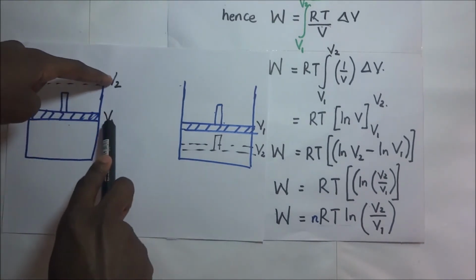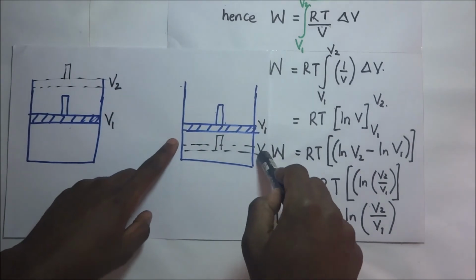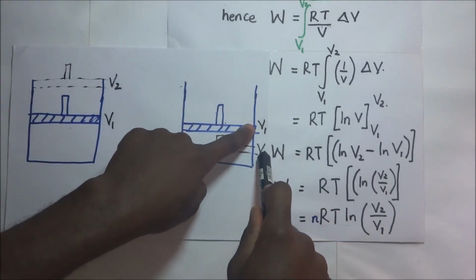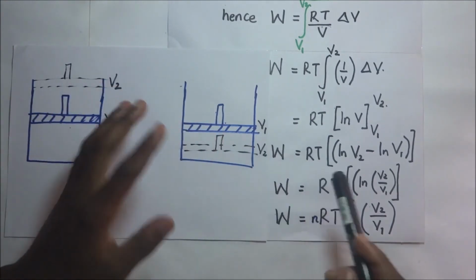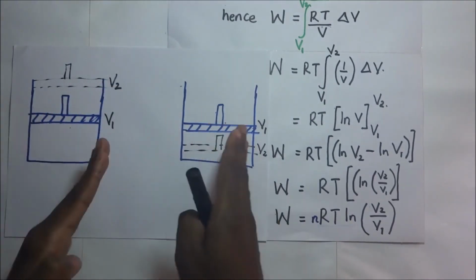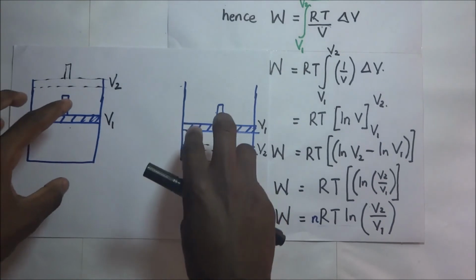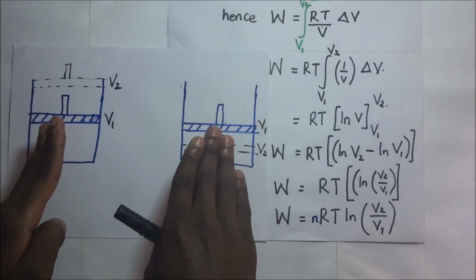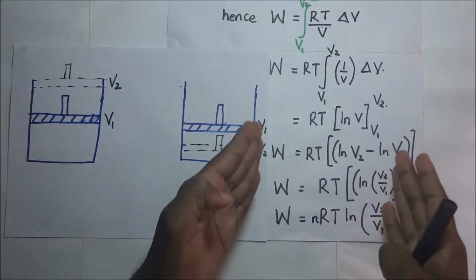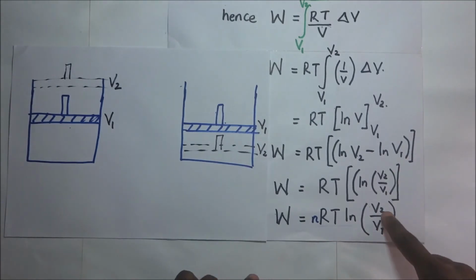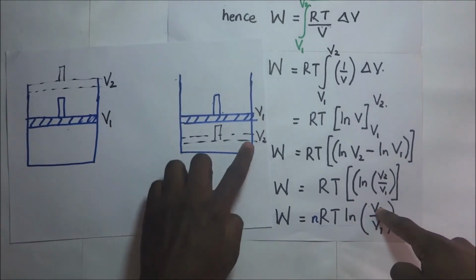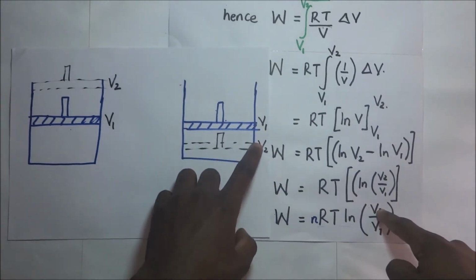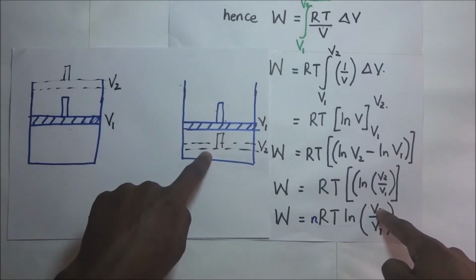So V2 can be greater than V1, or V2 can be less than V1, the initial position of the piston. If you do not have a diagrammatic representation of what is taking place, but you're just calculating, you need to know that if V2 is less than V1, there is a compression going on.